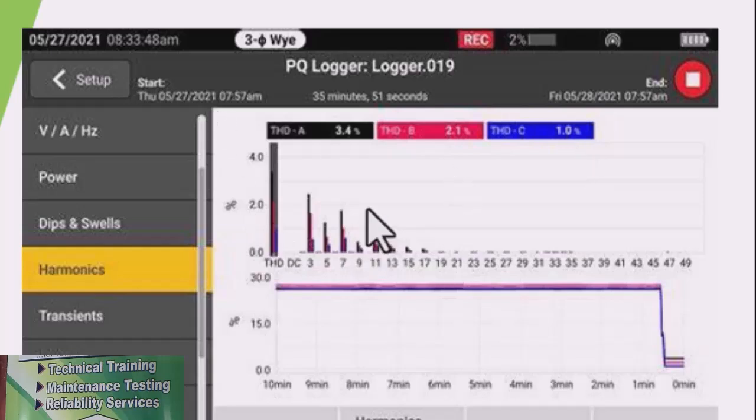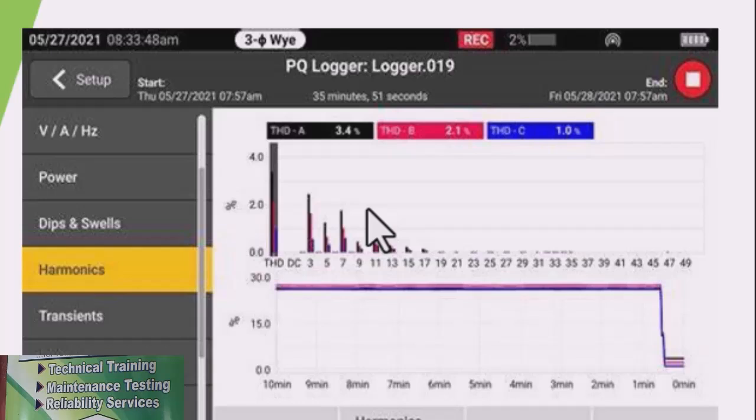If you are looking at the input from your utility, it is recommended that the total harmonic distortion should not be more than 8% at the point of input.